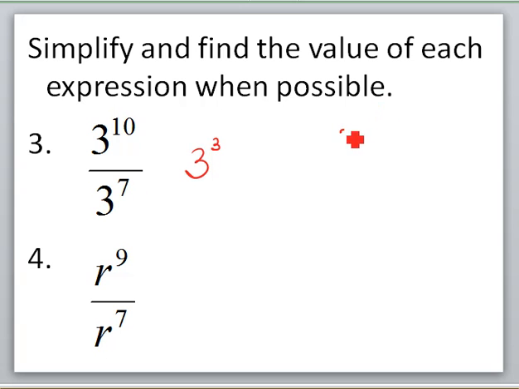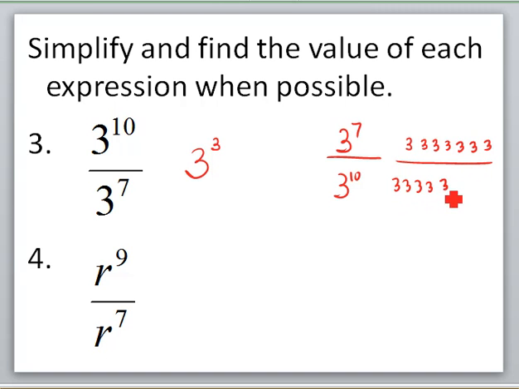I almost hate to do this because when we start getting into the other problems and we have maybe a 3 to the 7th over 3 to the 10th, my 3 to the 3rd isn't on the top anymore, and I want to show you this. So there's 7 3s, and here I have 1, 2, 3, 4, 5, 6, 7, 8, 9, 10 3s.